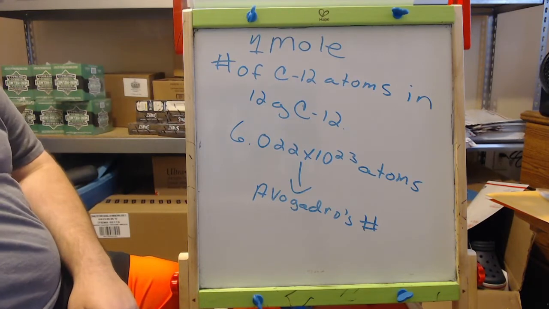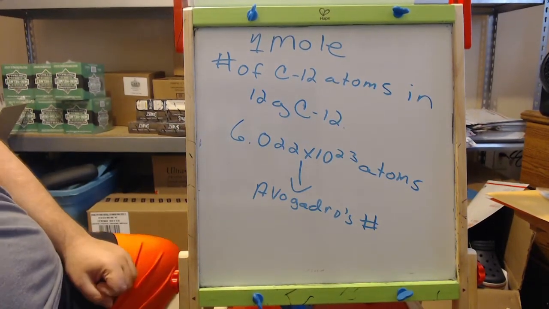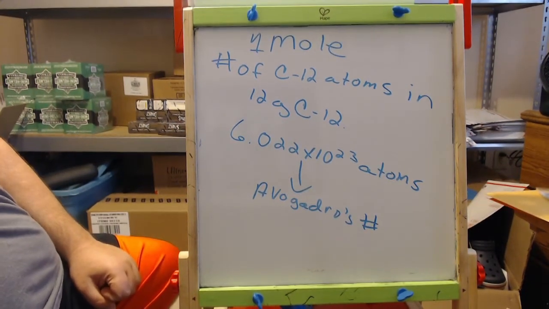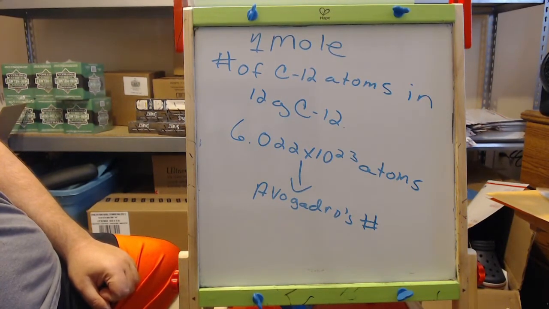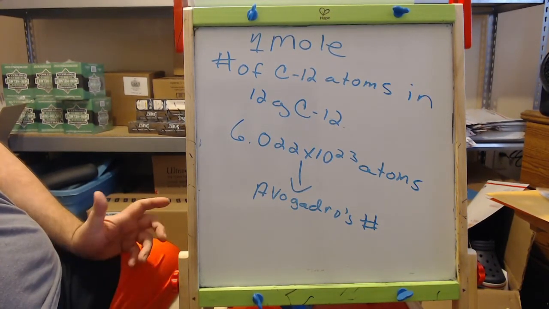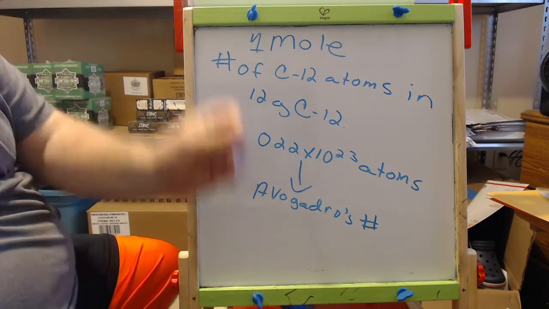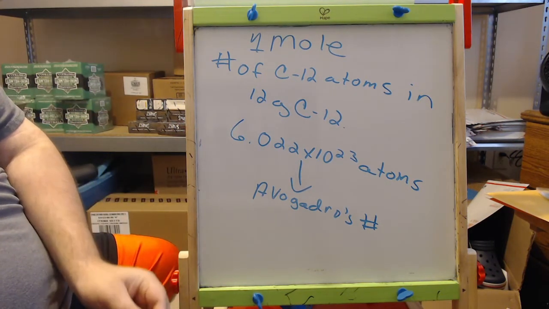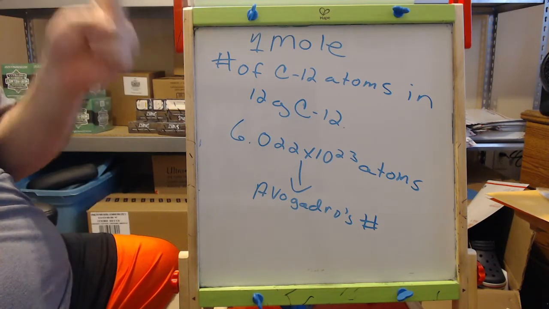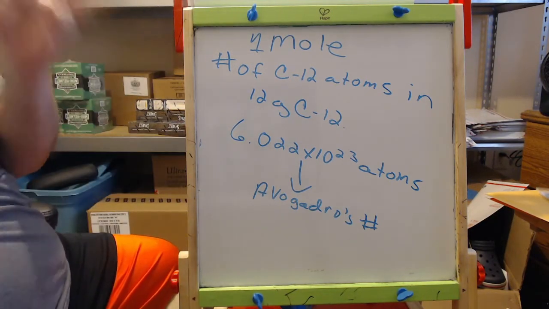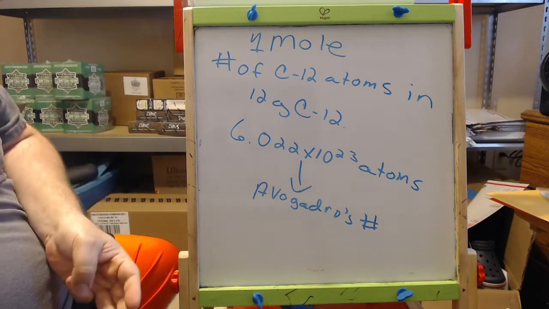Okay? Now, that being said, the term a mole is like the term a dozen or a gross or whatever. If I say I have a mole of something, it doesn't matter. A mole of carbon, a mole of sodium, a mole of tape. I'm making stuff up, of course.